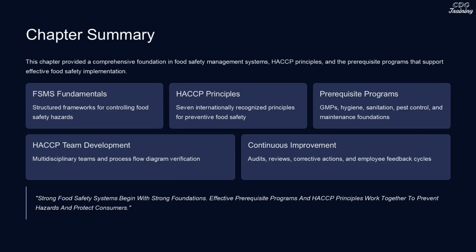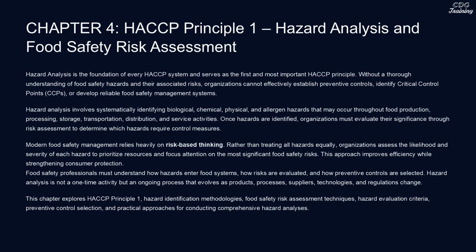This chapter provided a comprehensive foundation in food safety management systems, HACCP principles, and the prerequisite programs that support effective food safety implementation. Hazard analysis is the foundation of every HACCP system and serves as the first and most important HACCP principle.